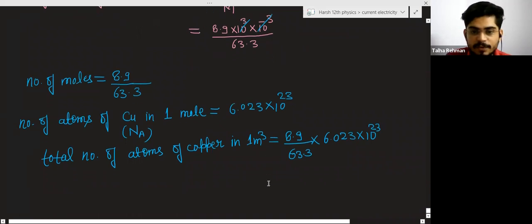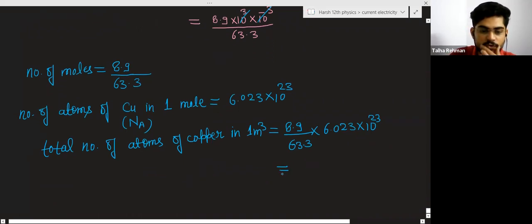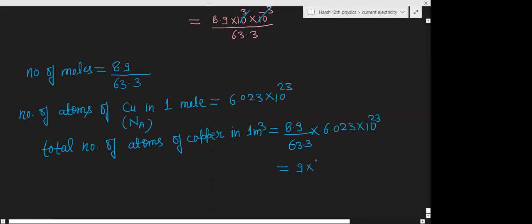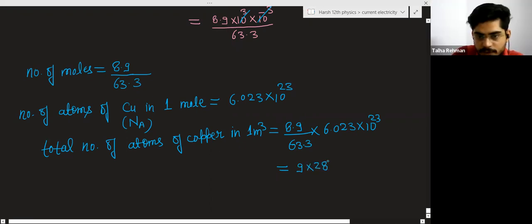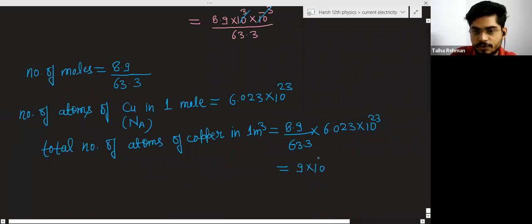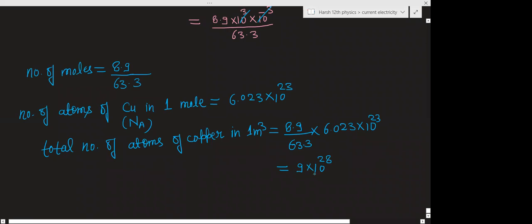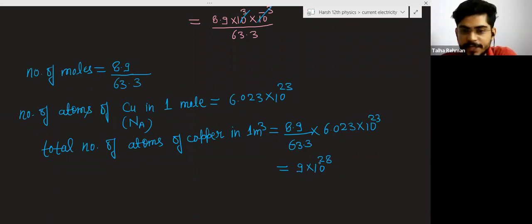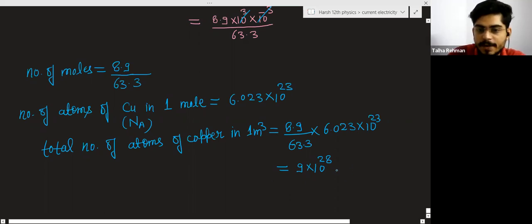The total number of copper atoms comes out to be 9 into 10 to the power 28. So in 1 meter cube, we have 9 into 10 to the power 28 copper atoms.